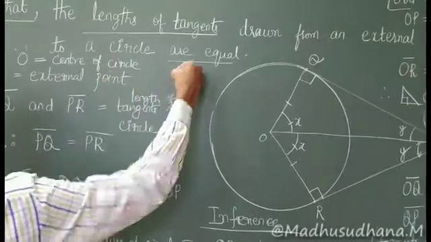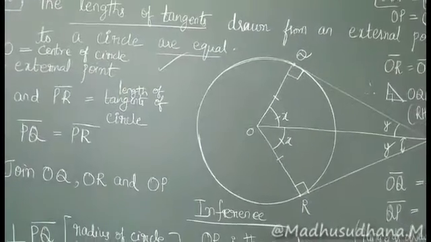These are very important conclusions, important only when we can prove that the lengths of the tangents drawn from an external point to a circle are equal.